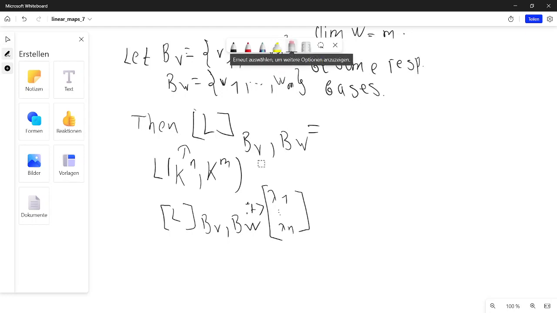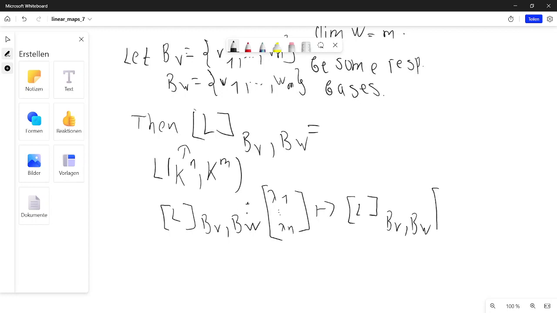This defines a linear map from here to here via mapping. This was our very first example of linear maps, right? Or one of the first examples.